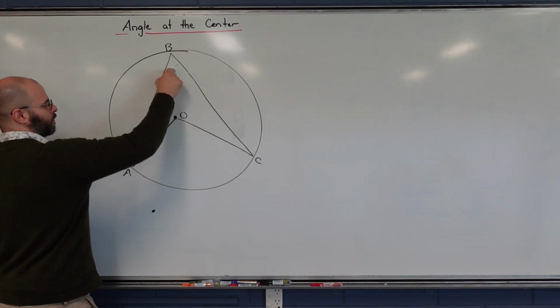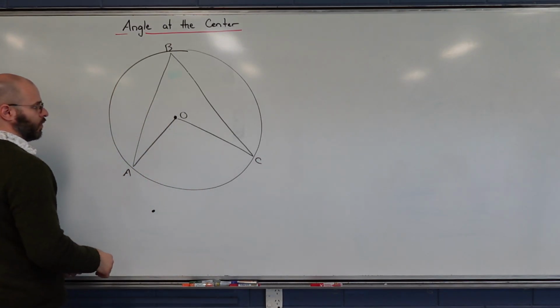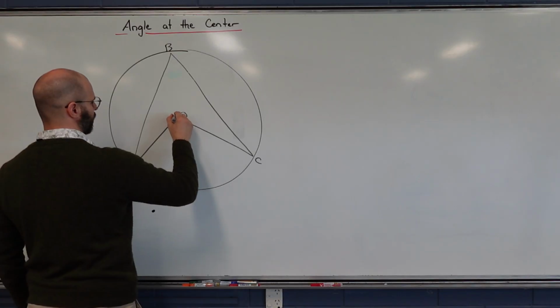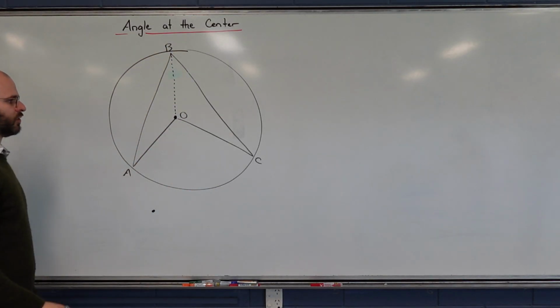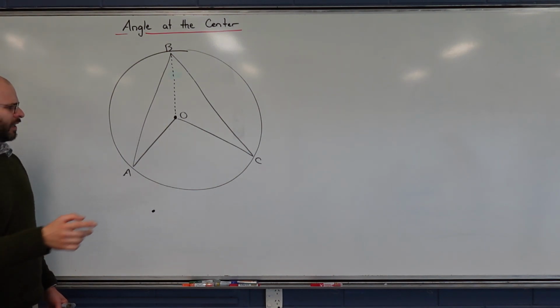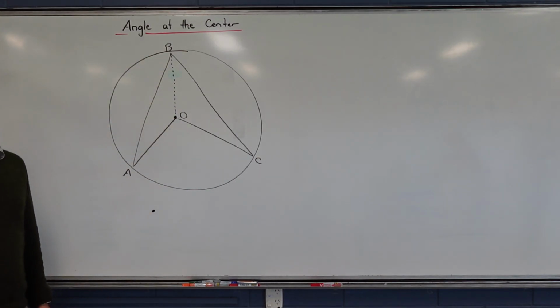All right. Building up, what we're first going to do is join points O and B using a construction like that. Now, think about it. OA, OB, OC, how do they relate to one another?